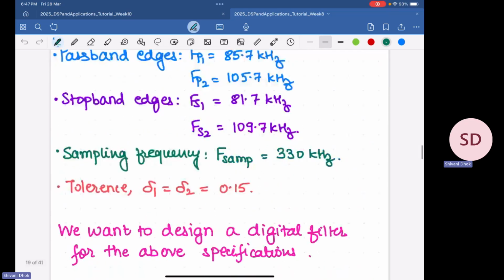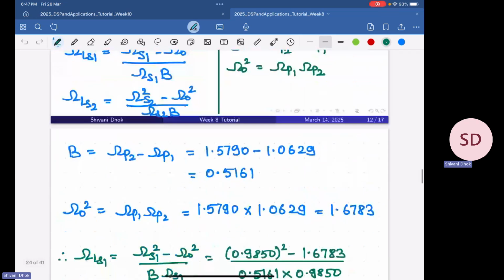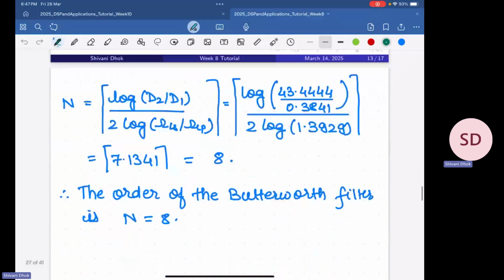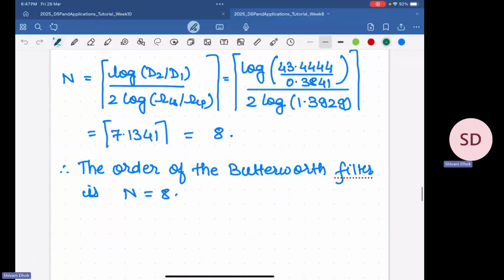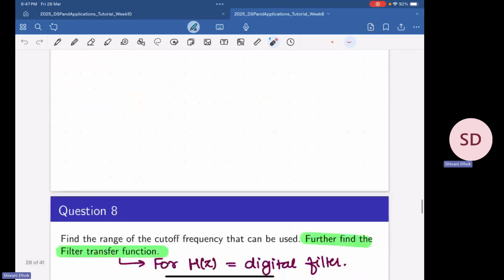We had found the order of the equivalent low pass filter as n equal to 8. Using this we had to find the band pass filter.